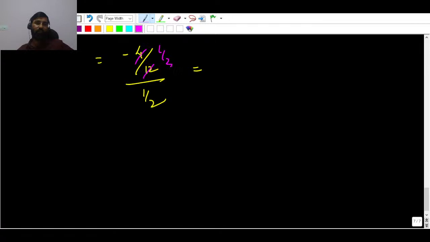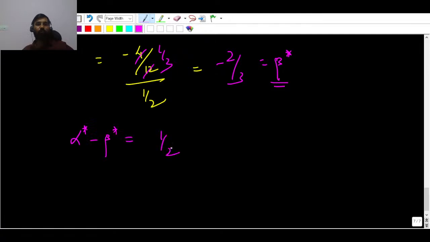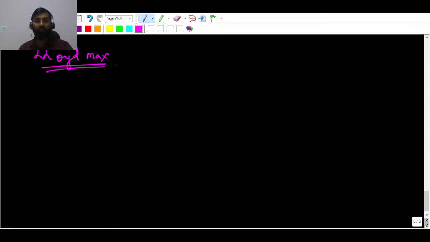So you can say minus 2 by 3 you are getting for beta star. So what they are asking is alpha star minus beta star, that is 1 by 2 minus of minus 2 by 3. I hope this is clear for everyone.